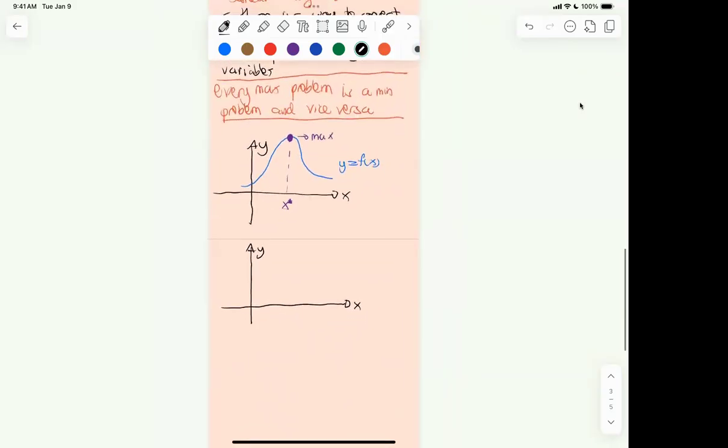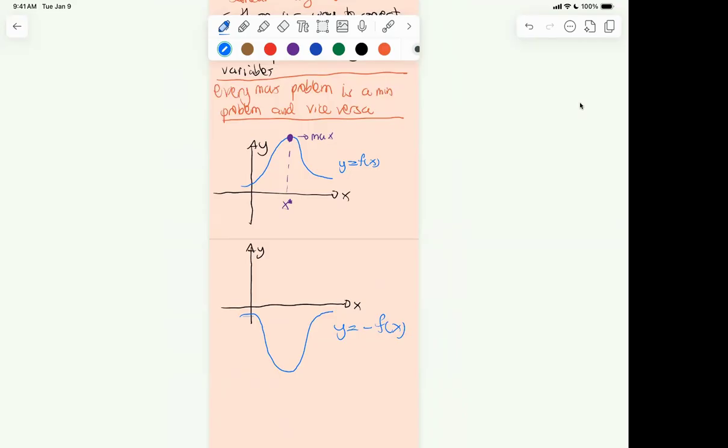Now imagine that I turn the function upside down. By that, I just mean that I multiply by -1. So now this is the function y equals minus f of x.